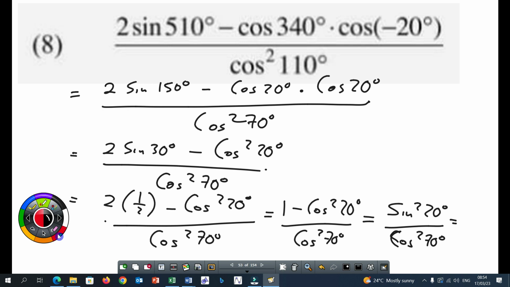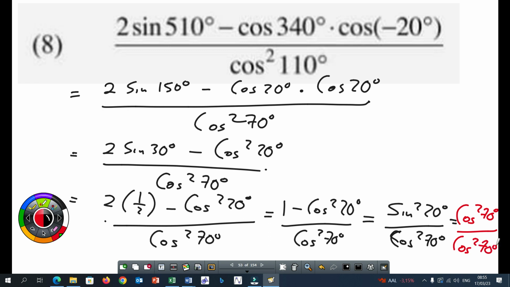It's your choice. Sine 20 to cos 70, but you have to show the application of co-ratios. Don't just write 1. You lose the mark for applying co-ratios. So this will be, I like cos 70, so I would say cos squared 70 degrees divided by cos squared 70 degrees.